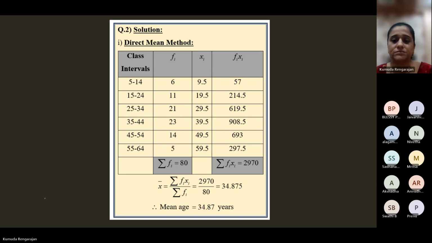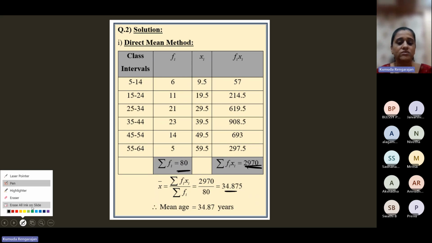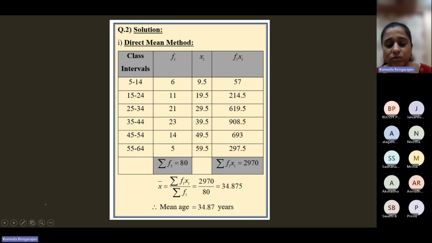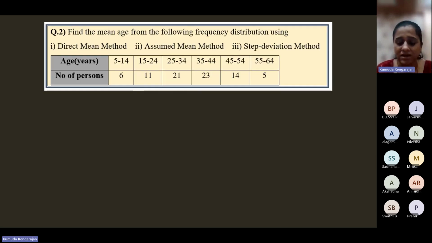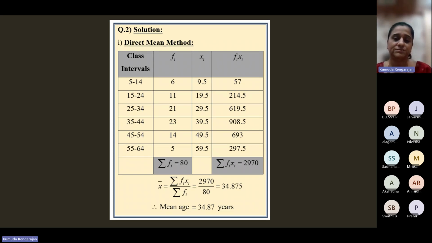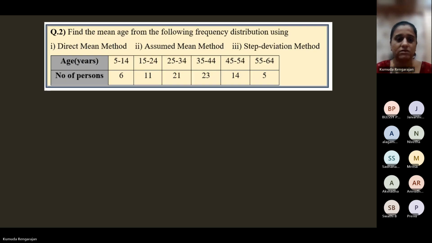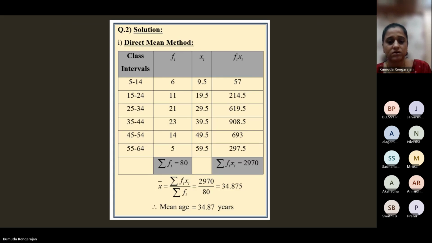The formula needs the total of the fi xi column and the total of the fi column. So divide, and this is the mean. So this is the mean age. What do we understand? Mean age is 34.87 years. That means on an average, the age of every member in this particular data is 34.87 years. What was the total of this? 80.